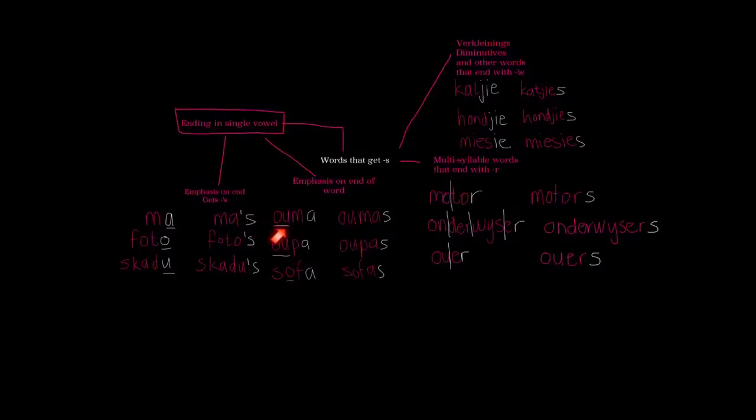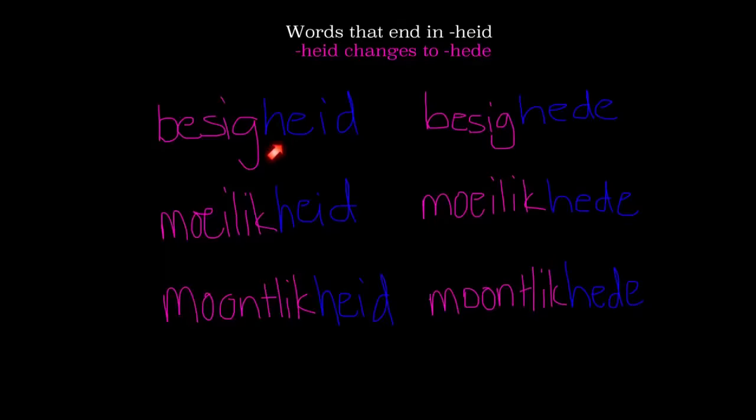If the emphasis on the word is in the beginning, like oma, then it just gets an S. If the emphasis is at the end of the word, like ma, it's such a hard vowel sound right near the end of the word where we're going to put the S. And that's a bit scary for the S. So we add an apostrophe between the vowel and the S to protect the letter S from that hard, angry vowel. So ma, ma's. Oma, oma's. Very simple.